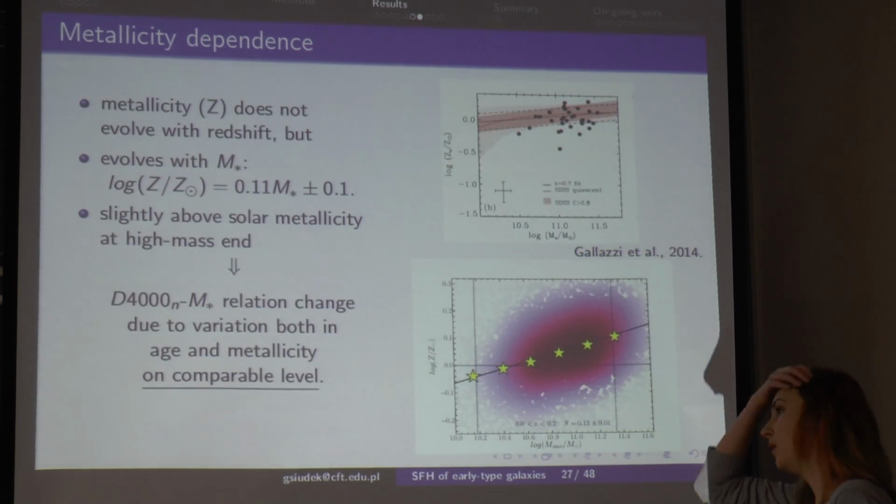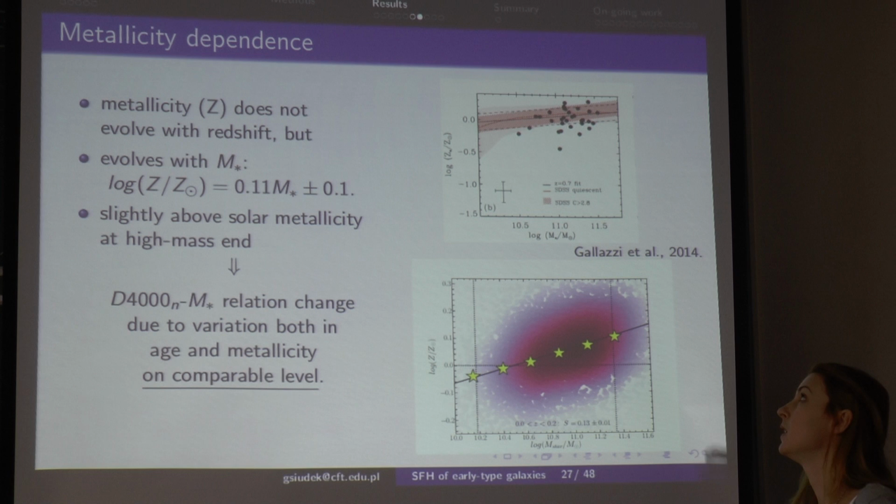So we know that the stellar metallicity doesn't evolve with redshift, but changes with stellar mass, and Gallazzi et al. 2014 has found that this metallicity is slightly above solar metallicity for high mass red passive galaxies, and we have also verified this relation for galaxies observed in the local universe, and we have the same conclusions.